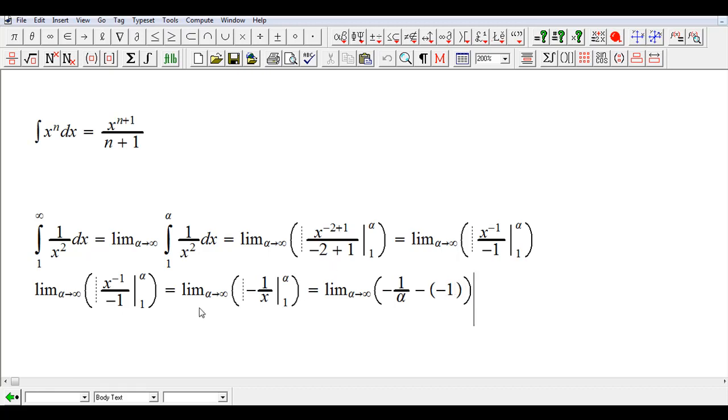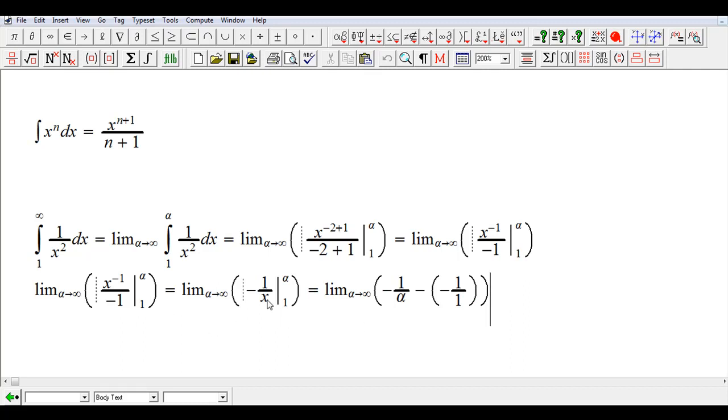I will substitute alpha first, that's what I get. Minus, then I'm going to substitute 1, so 1 over 1 is 1, and I have a negative sign. I know it's late in the evening and we are all tired.